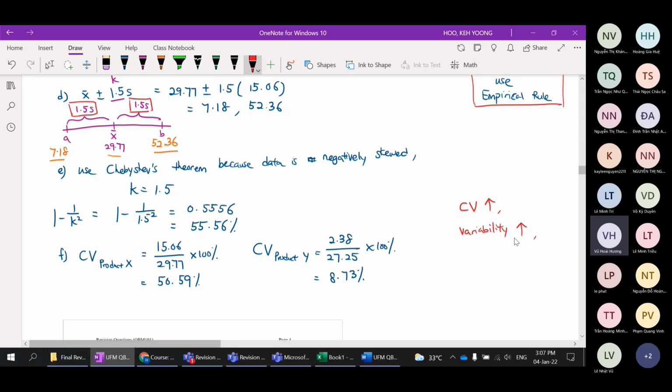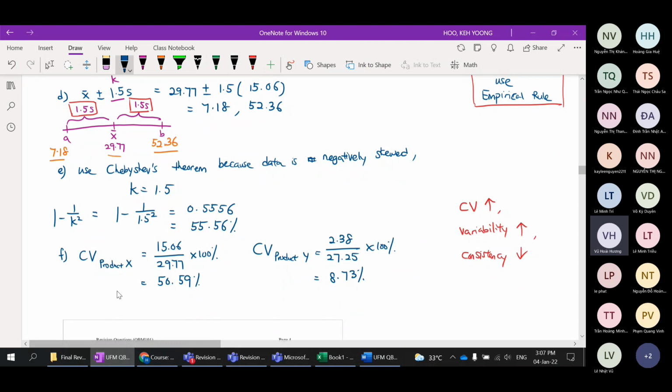So when we talk about consistency, how consistent is your data? When you have a high variability, it has a low consistency. That means your values do not repeat themselves that much when you have a high coefficient of variation.